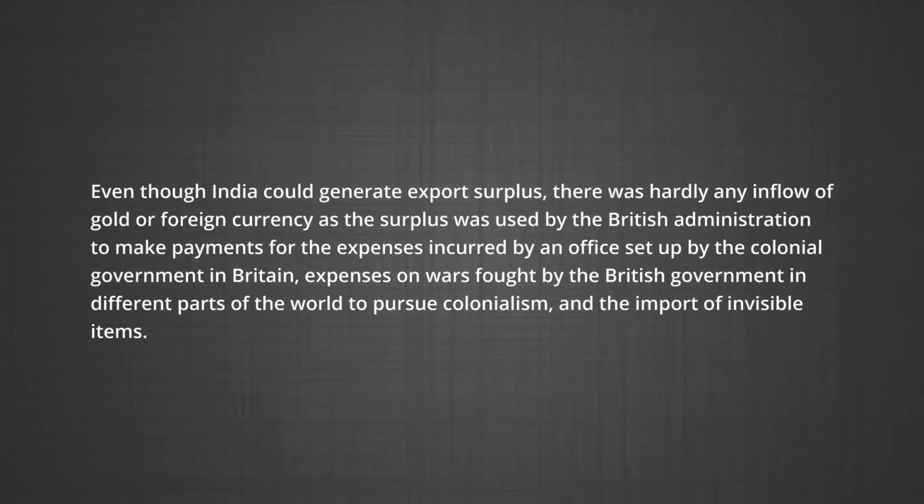Even though India could generate export surplus, there was hardly any inflow of gold or foreign currency, as the surplus was used by the British administration to make payments for the expenses incurred by an office set up by the colonial government in Britain, expenses on wars fought by the British government in different parts of the world to pursue colonialism, and the imports of invisible items.